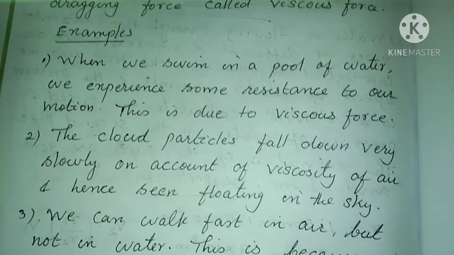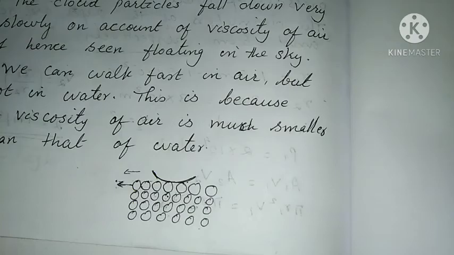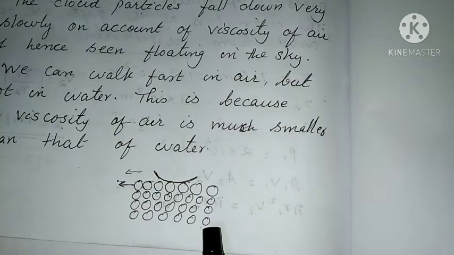Third example, we can walk fast in air but not in water. This is because the viscosity of air is much smaller than that of water. That means water is more viscous than air. Clear?